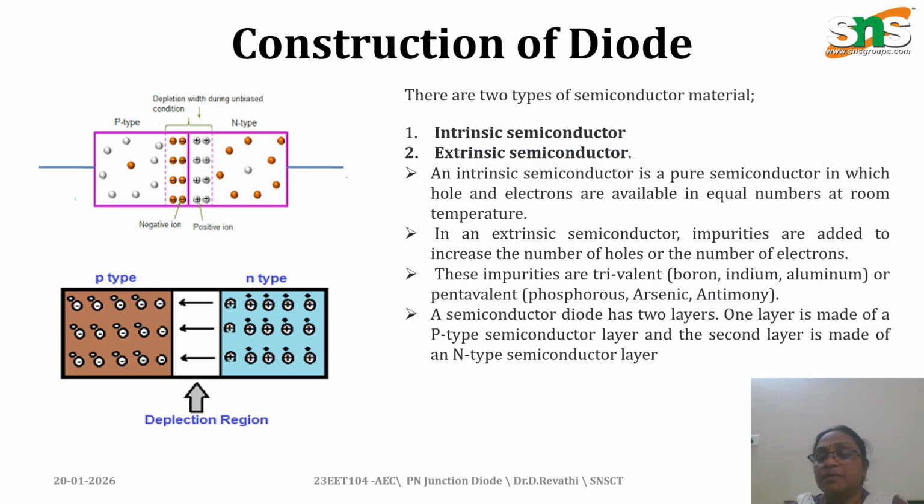Based on the material added, it can be changed into P type or N type. For example, if you choose silicon as the semiconductor and add a trivalent material, that is boron, indium, or aluminum, it changes into P-type material. Pentavalent material, that is phosphorus, arsenic, and antimony, changes it into the other type.